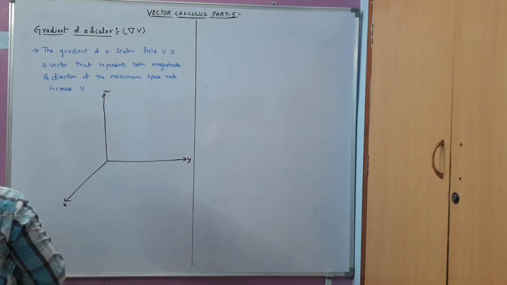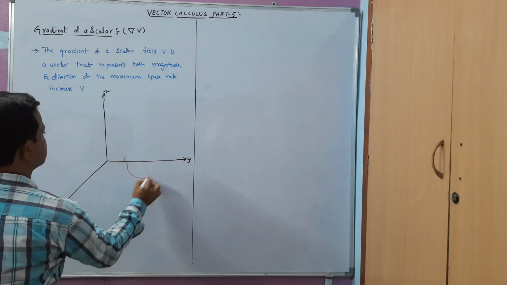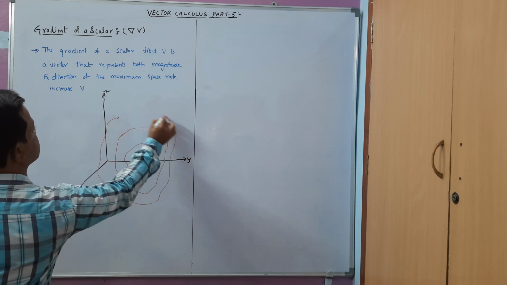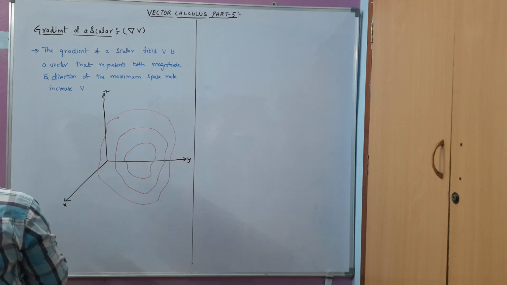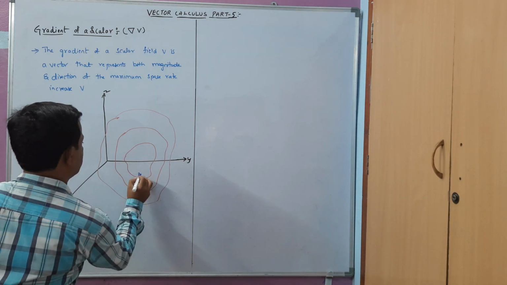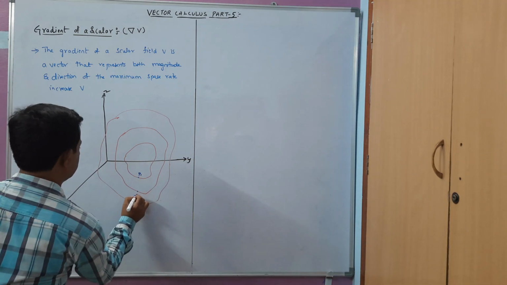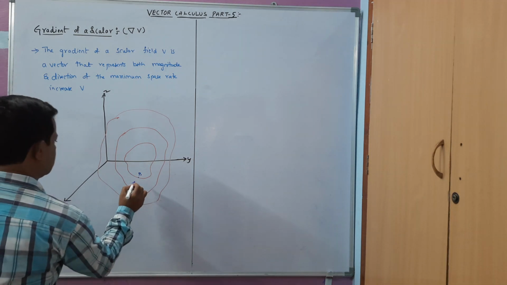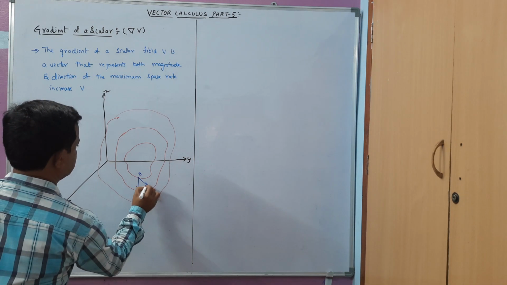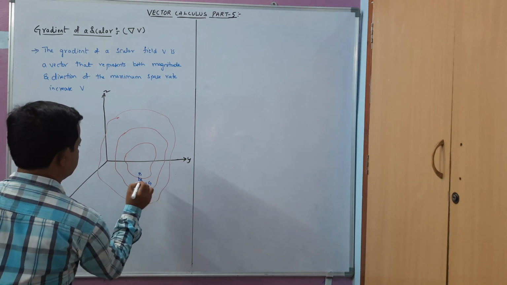Now I am going to take the contours here. I am taking point P1 here and point P2 here. I am going to take a displacement vector like this and like this, and the angle between them is theta.